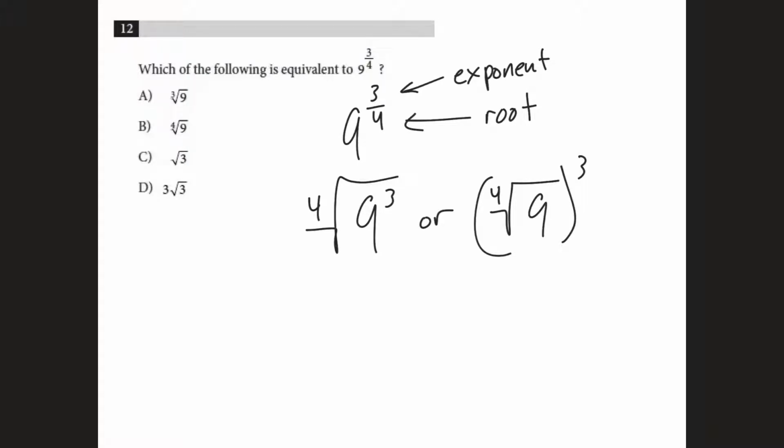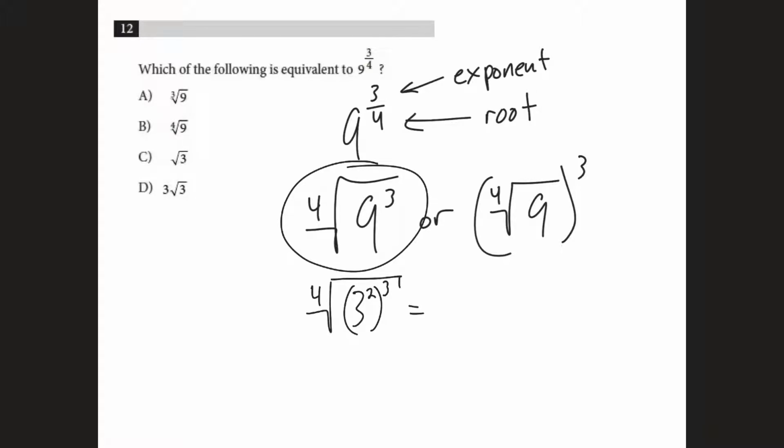I think I'm going to work with the first one here. I think that's going to be most productive, because I can see that I can turn 9 into 3 to the 2nd power raised to the 3rd.